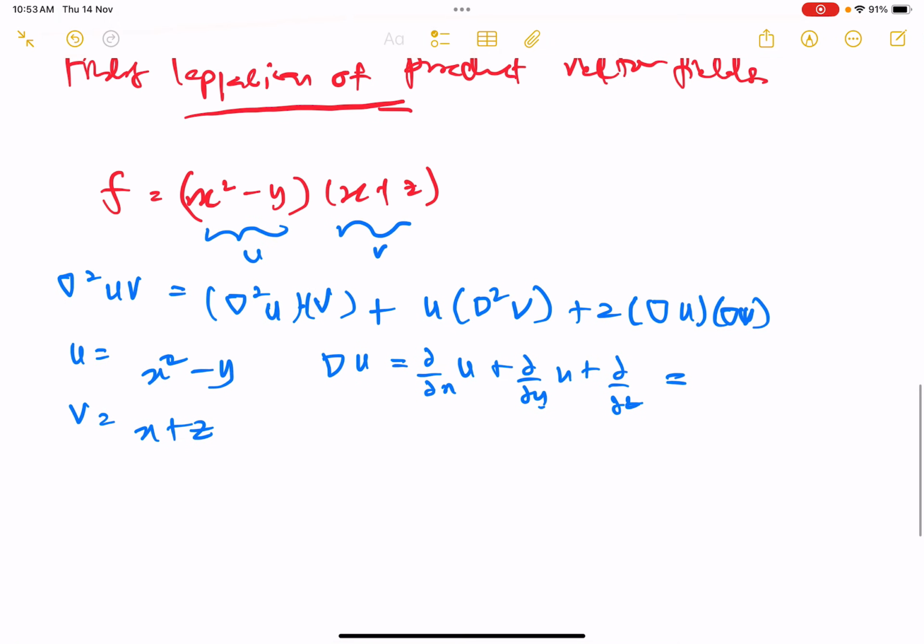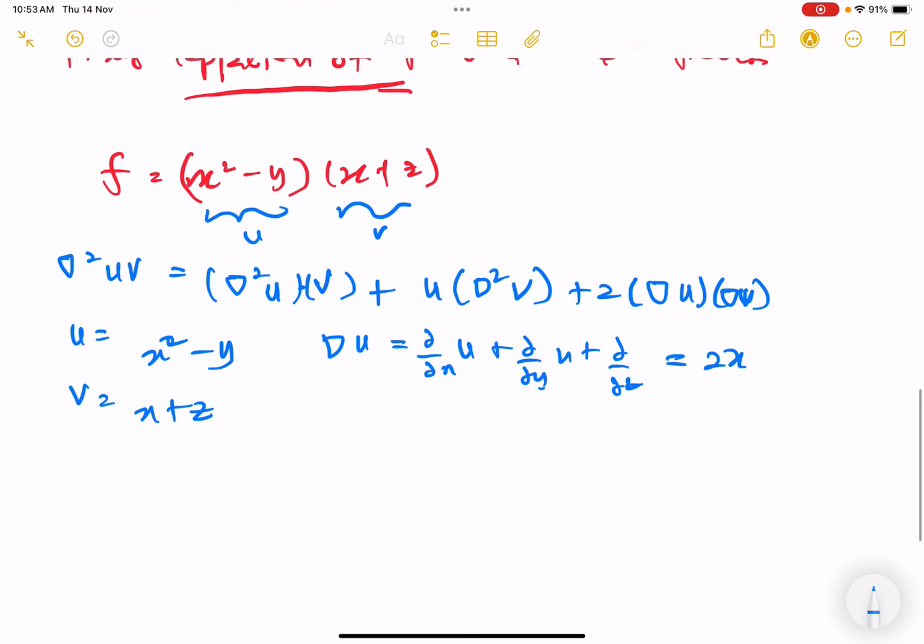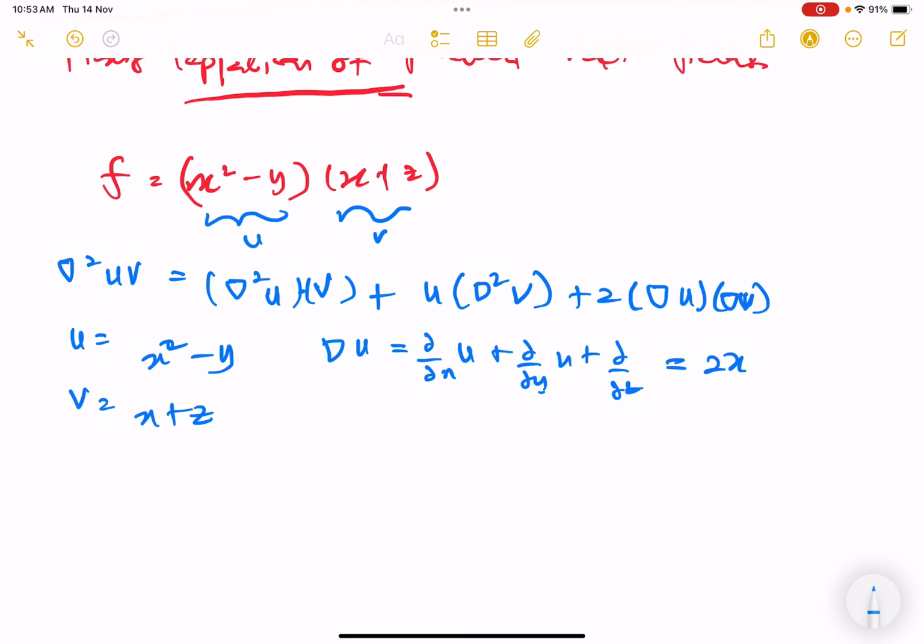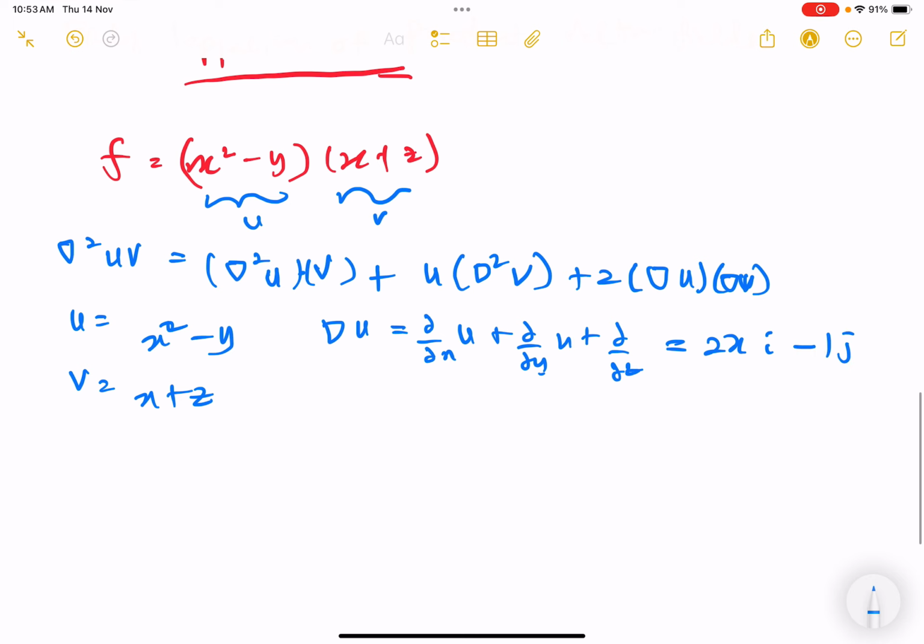So for the x component, this is for i, and then for y we have minus 1j, and then for z we don't have anything, so plus 0k. All right, so what else for v?